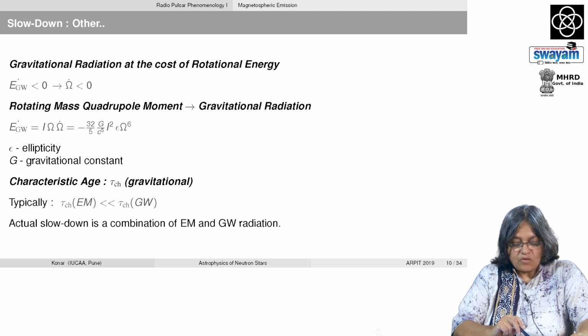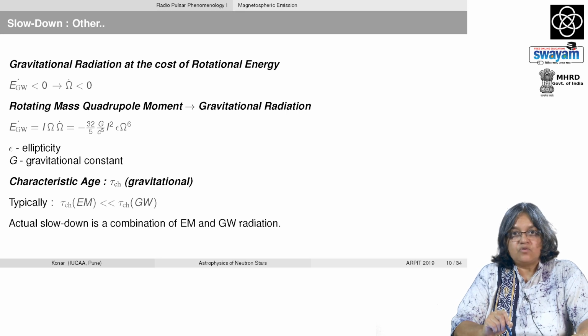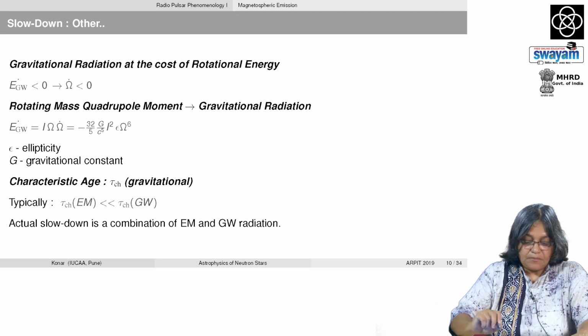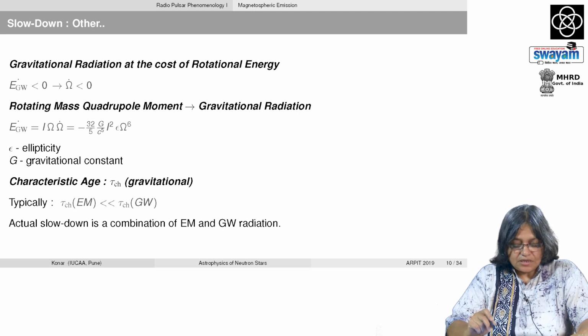So, now we have I omega omega dot proportional to omega to the power 6. This I here is the moment of inertia and others are fundamental physical quantities, except this epsilon here, which is the ellipticity from where a mass quadrupole moment is being generated. Now, we can again define a characteristic age for this gravitational radiation.